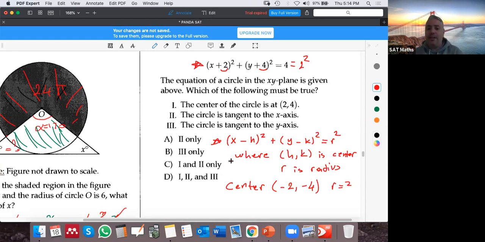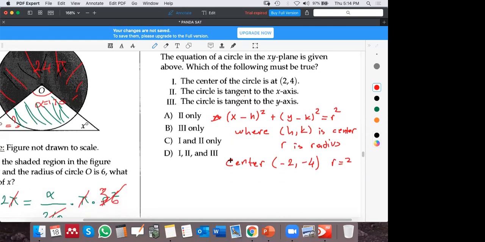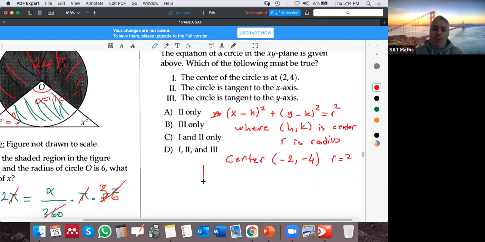Yes, no? Do you have any question? No. And then let me draw what I have. Roughly, let me draw it. If x is -2, y is -4, let's say somewhere here.